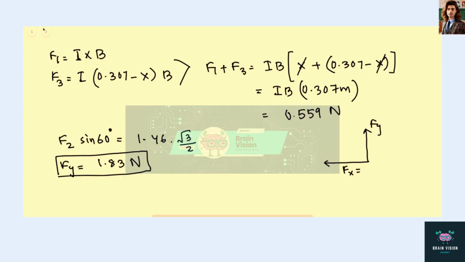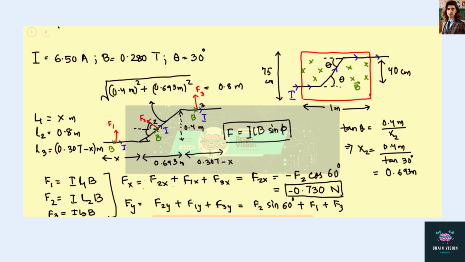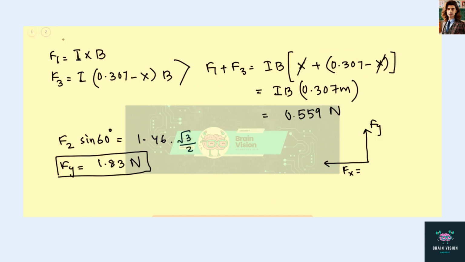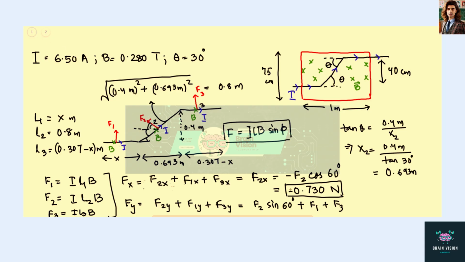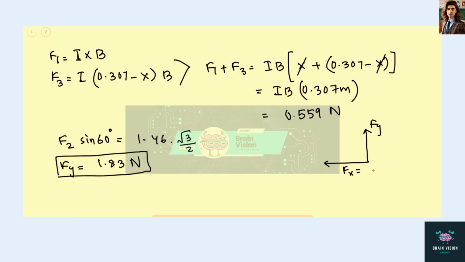And for Fx, I'm just taking the magnitude now because I have already included the negative sign while taking the direction. So this is 0.730 Newton, and this is 1.83 Newton.